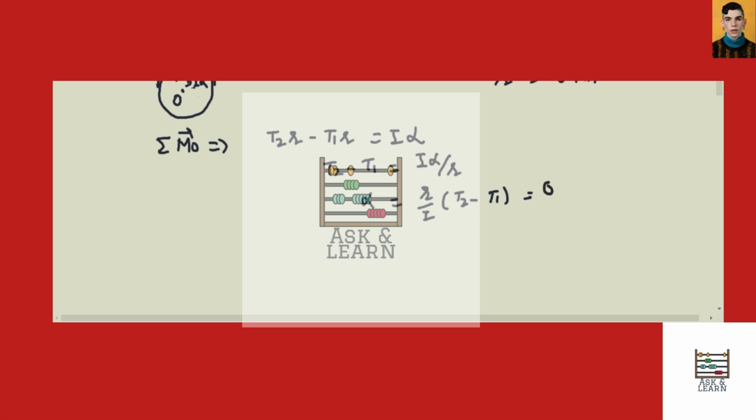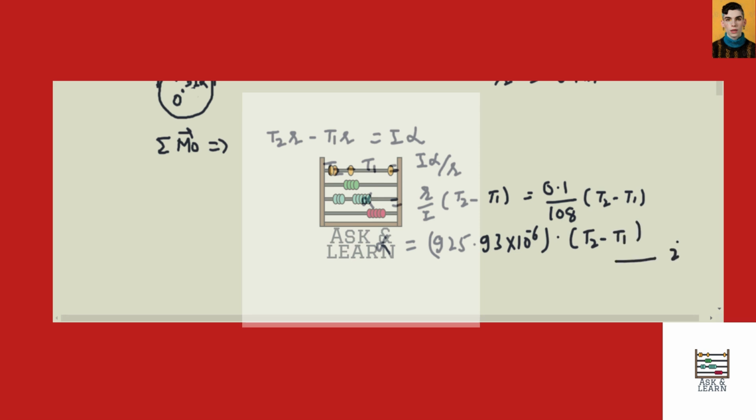R is 0.1 meter, I we have calculated as 108. So the angular retardation of the drum we can write as 925.93 into 10 to the power minus 6 into T2 minus T1. Say this is equation 2.